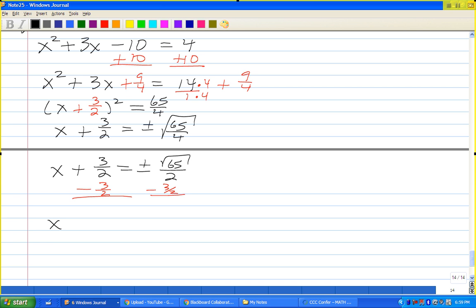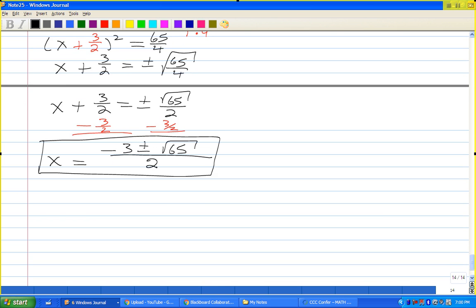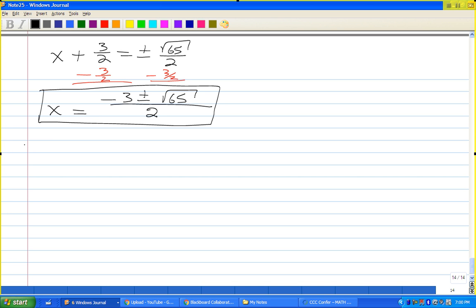And so I have that x is equal to negative 3 halves plus or minus the square root of 65 halves. And that is your answer. Let me do 99.